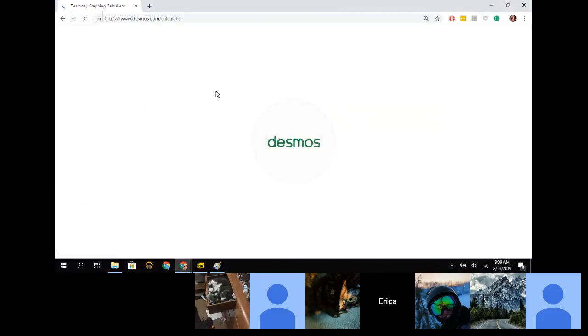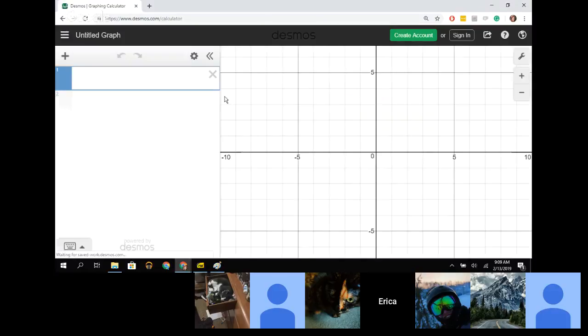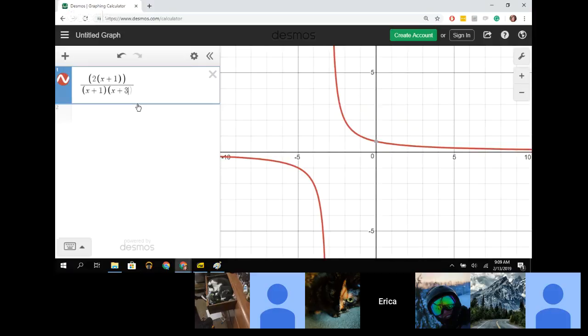We have 2x plus 1 divided by x plus 1 times x plus 3. Okay, I can take off my parentheses here.